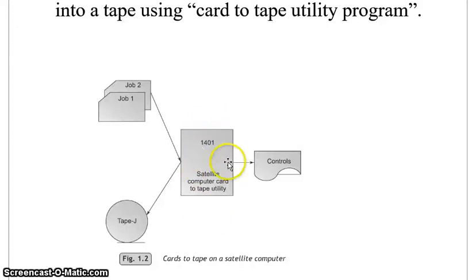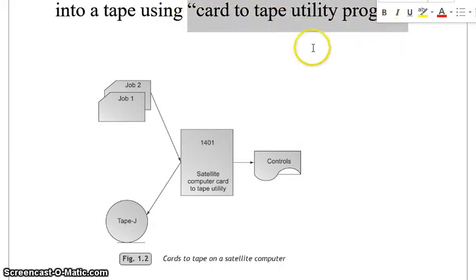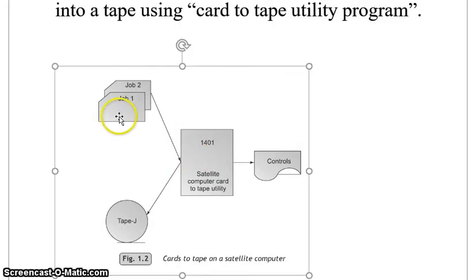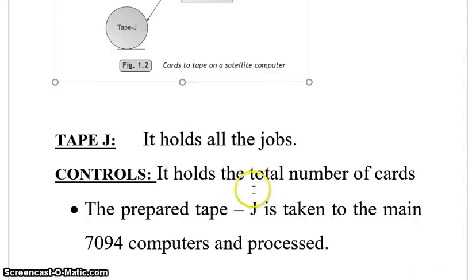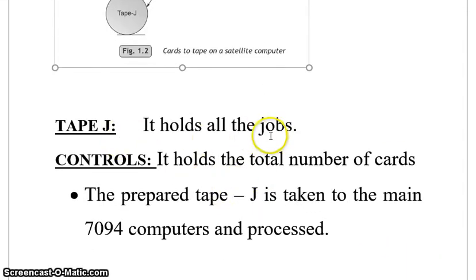In this 1401 machine, we have a program called the card to tape utility program. This program converts all the jobs in the punch cards into tape. So tape J holds all the jobs.